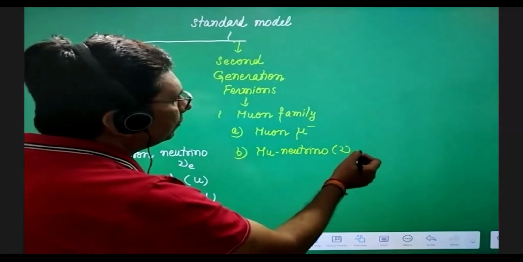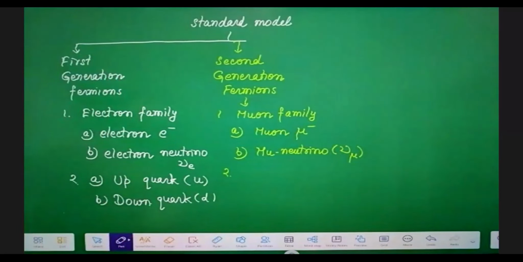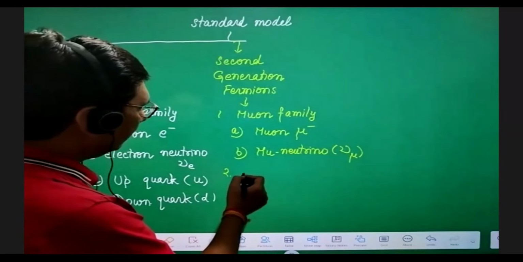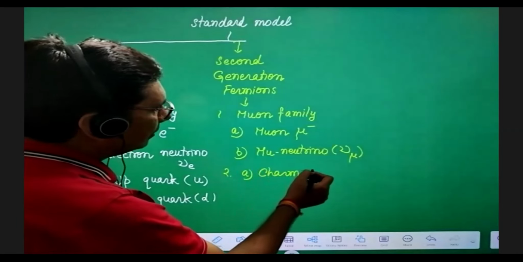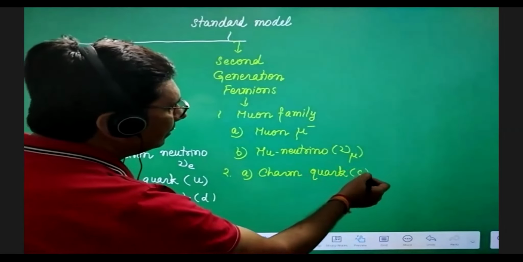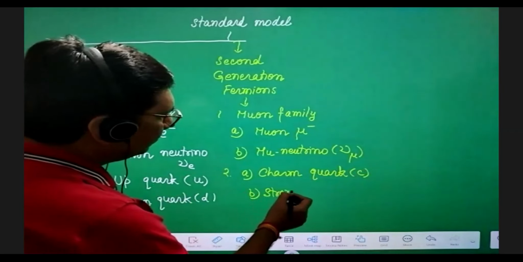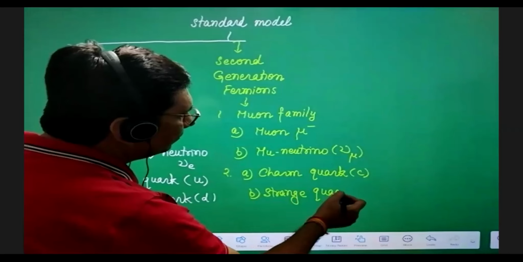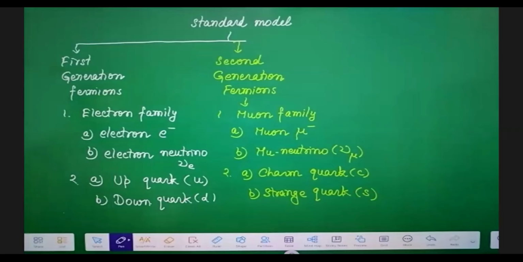And second, two quarks, charm and strange. Charm quark is denoted by C, and strange quark is denoted by S.